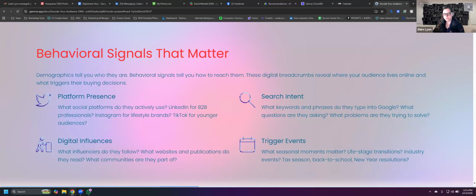And then what key phrases, keywords do they search for? What do they go to Google or ChatGPT and ask? These are all the things that your potential customers use to describe their needs, their problems, their wants, their desires.